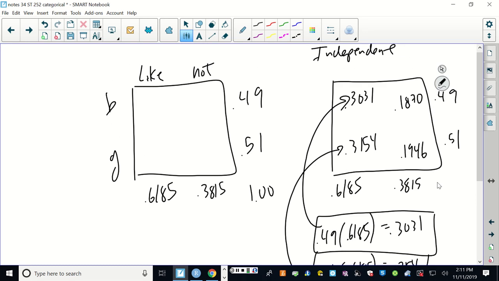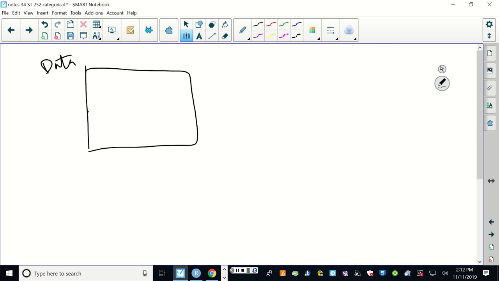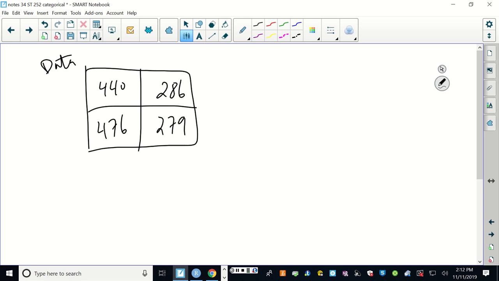Now to get the expected numbers, we would multiply both of these things by our 1481. So if we do that, our original data table had 440, 476, 286, 279 over here.